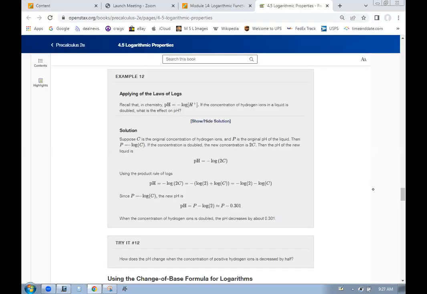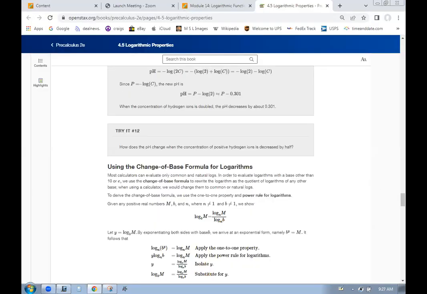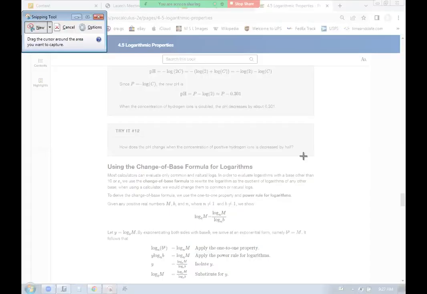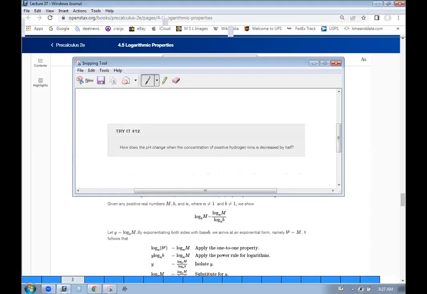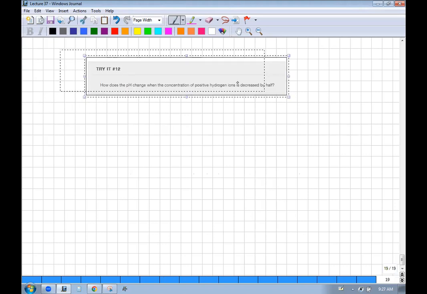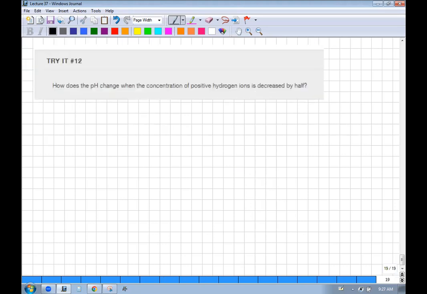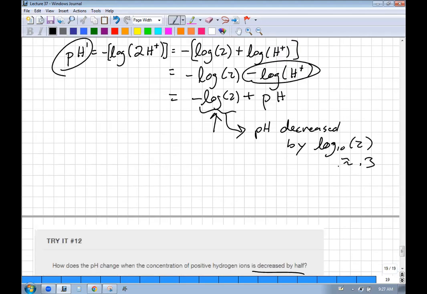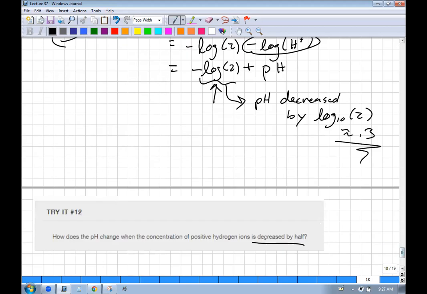And what if we go the other way? What if we decrease it by half? Well, if doubling it decreased the pH by 0.3, I think that if we cut the hydrogen ion in half, that'll increase our pH by 0.3.